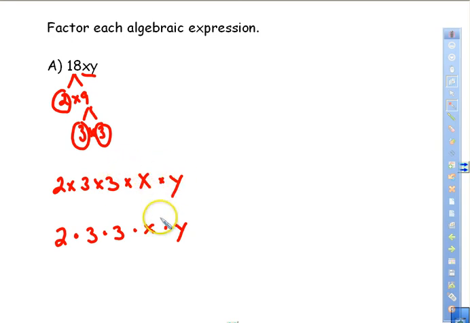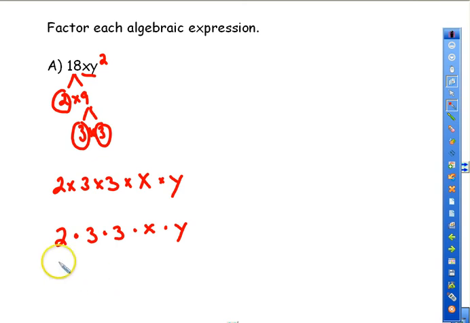Because if someone looked at this, it would be very easy to think that this was an x, another x, and another x. Okay, 3 x's. So again, this is just saying that there's one x. This says there's one y. If there was an exponent on them, for example a 2 on the y, then it would be y times another y, because that means that there are 2 of them. But there is not for this situation.